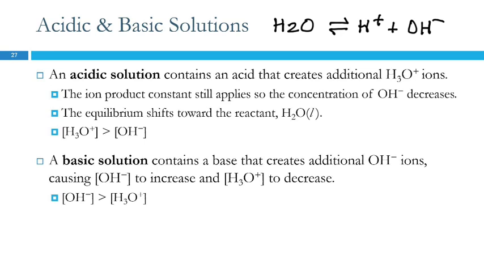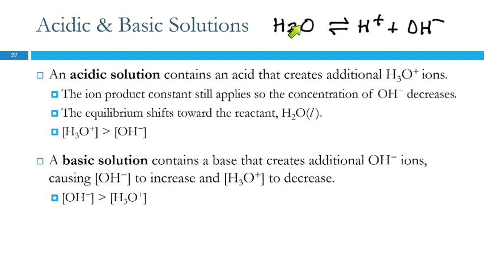So if we add an acid that creates more of these, what does that do to this equilibrium? We're adding product. It's going to shift towards the reactants, right? Because the equilibrium is like a really stubborn child, and you gave it some extra acid, and it's like, I don't like that. And so it's going to do what it can to take it away.